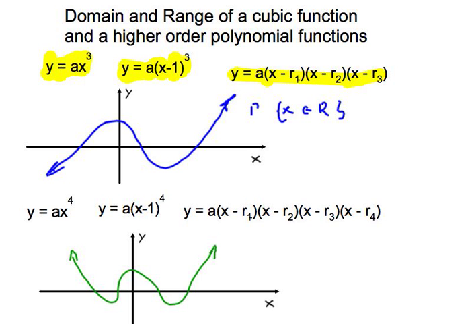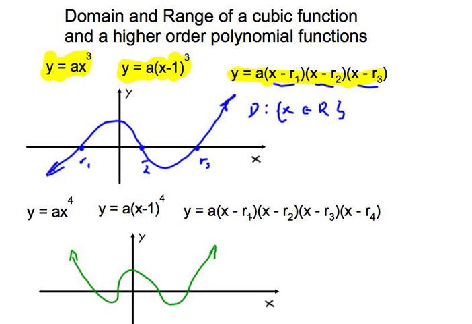Now, in terms of the range, this blue curve represents a cubic function with 3 x-intercepts. We can also call them root 1, root 2, and root 3. This is why you see (x minus root 1), (x minus root 2), (x minus root 3) here on the screen.